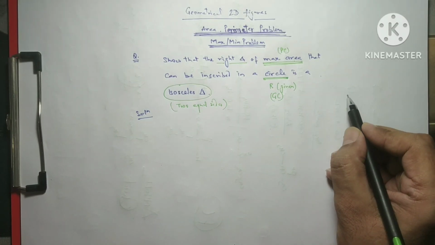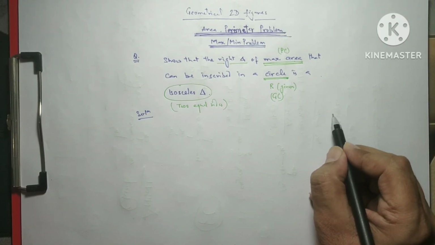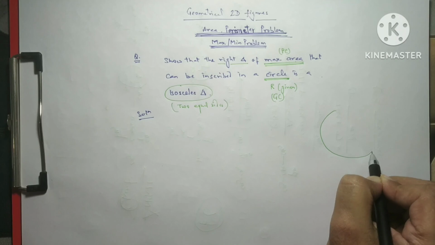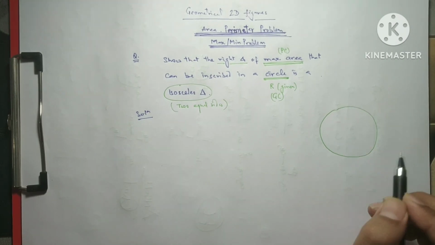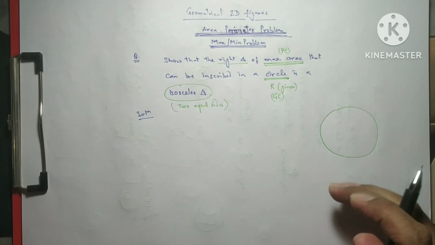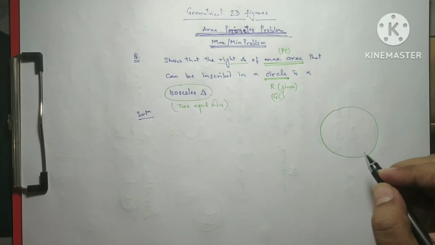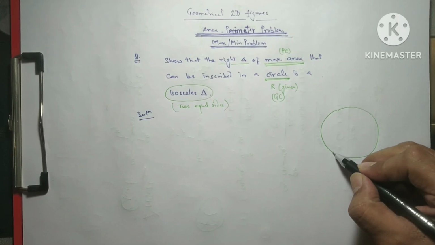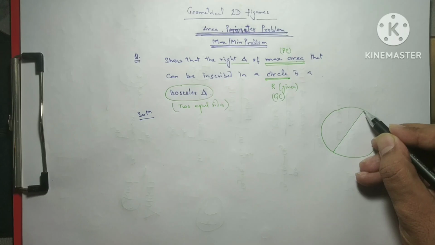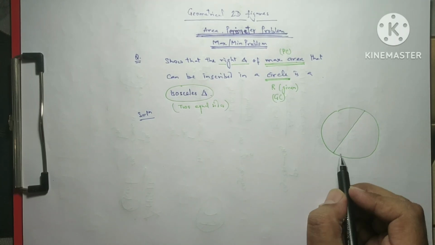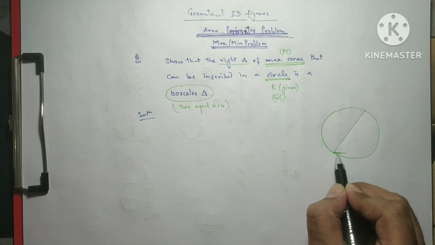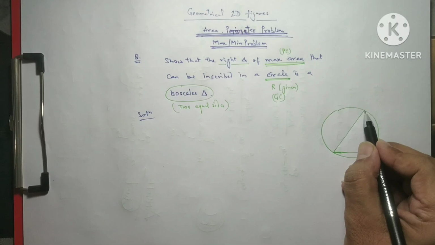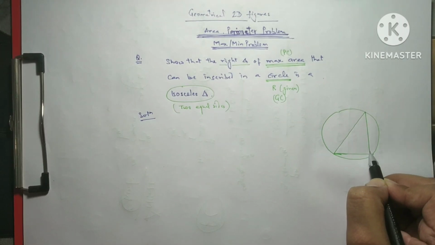So we have a circle. This is a circle and it has a right angle triangle. So it is a semicircle. The triangle in a semicircle is always a right angle triangle.